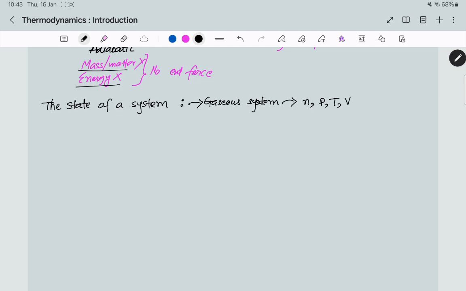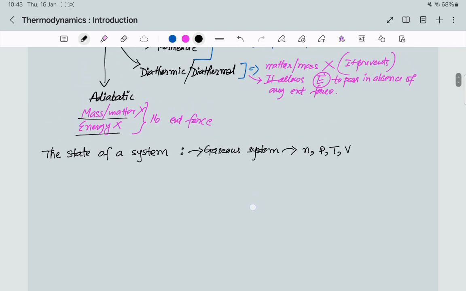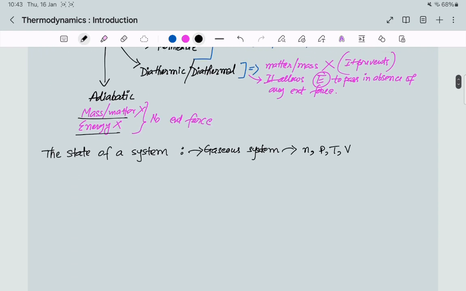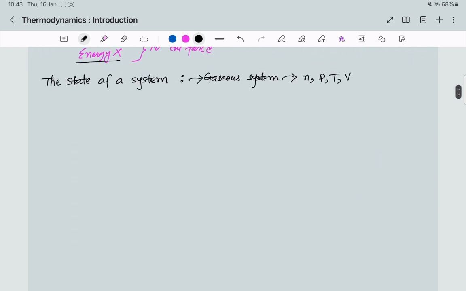So here we will generalize, because in this chapter we will generalize some physical chemistry problems. So we will generalize all these variables. So make a heading of variables.